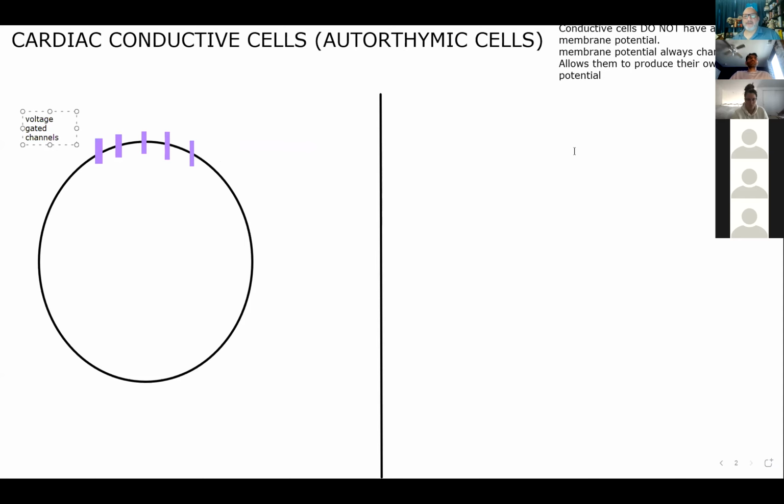Need a threshold, absolutely. So we may not have a resting membrane potential, but what we definitely have is a threshold. So let's draw a threshold, and we'll use brown. And we'll put the threshold right there. And we'll label it. That is our threshold.